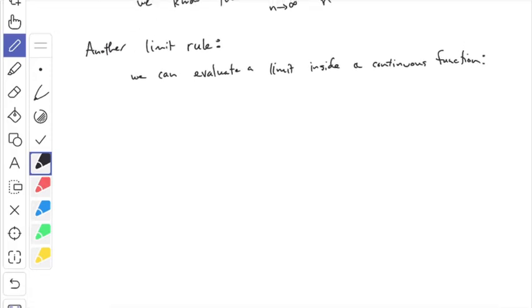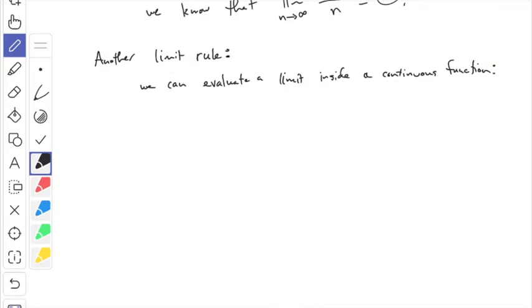It says this: if I have lim n goes to infinity of f of a_n, so if somehow part of the sequence is inside of a function, and that is a continuous function, this is the same as f of lim n goes to infinity a_n. All right, you can evaluate a limit inside of a continuous function.